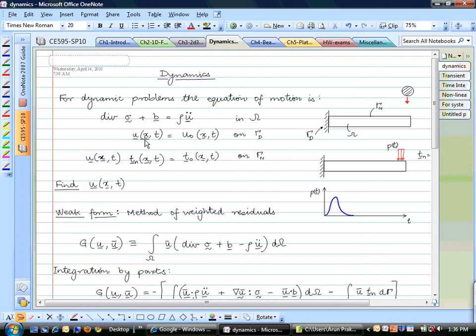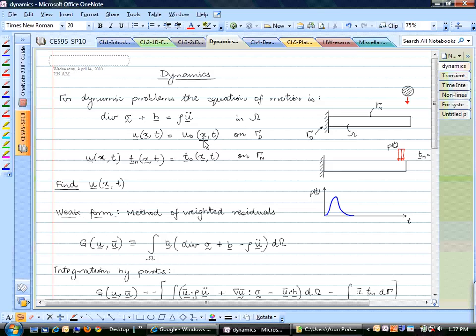Similarly, in addition to the domain equation, you have the boundary conditions. The first boundary condition is that the displacement on the specified boundary has to be specified here. In general, if it is a fixed boundary, we say that displacement here is 0. So this u naught in general could be some complicated function also, or it could be just 0.